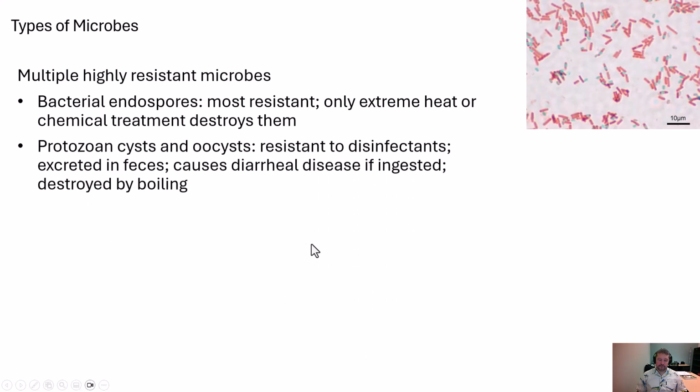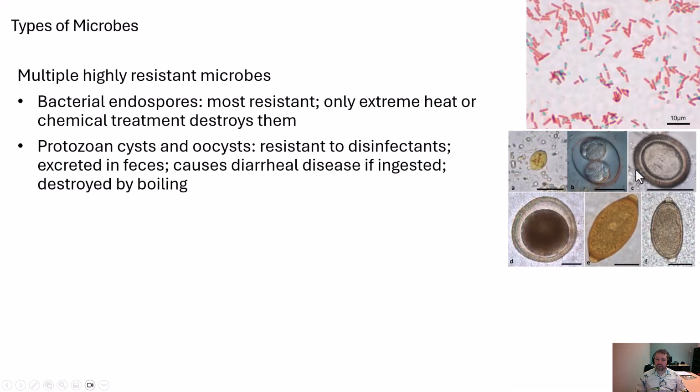Okay. Another group that often resists disinfectants are protozoan cysts and oocysts. Although they kind of resemble endospores and sometimes it may seem like they have the same function, they're not the same as an endospore. A protozoan cyst or oocyst is the reproductive structure for that organism.